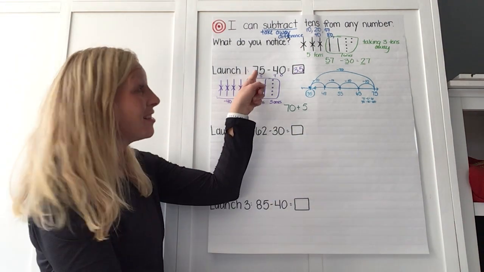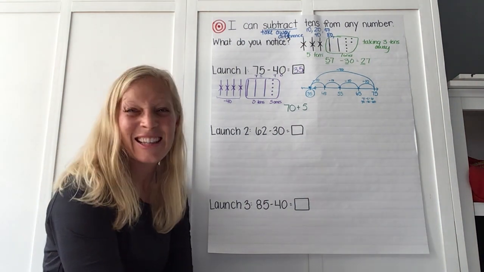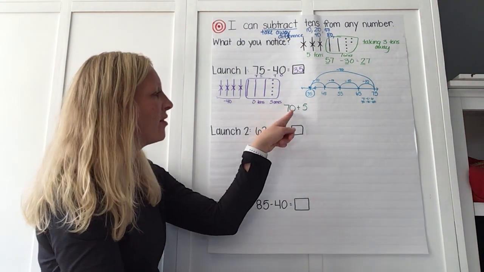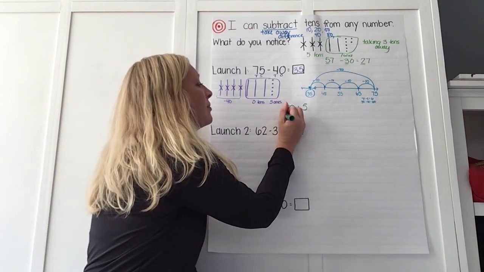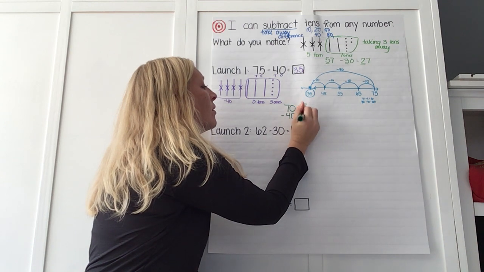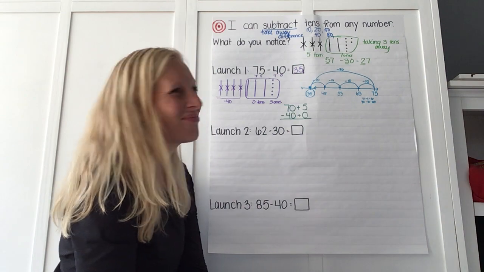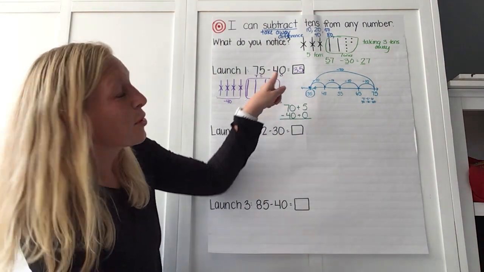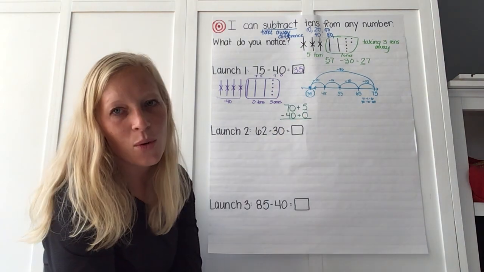That's an expanded form, another way to show 75, isn't it? So we can break it apart and show that expanded form, and it's 70 plus 5. What did you do next? Why did you write 40 plus 0? Because in 40, there's 4 tens, which makes 40, and there's 0 ones.